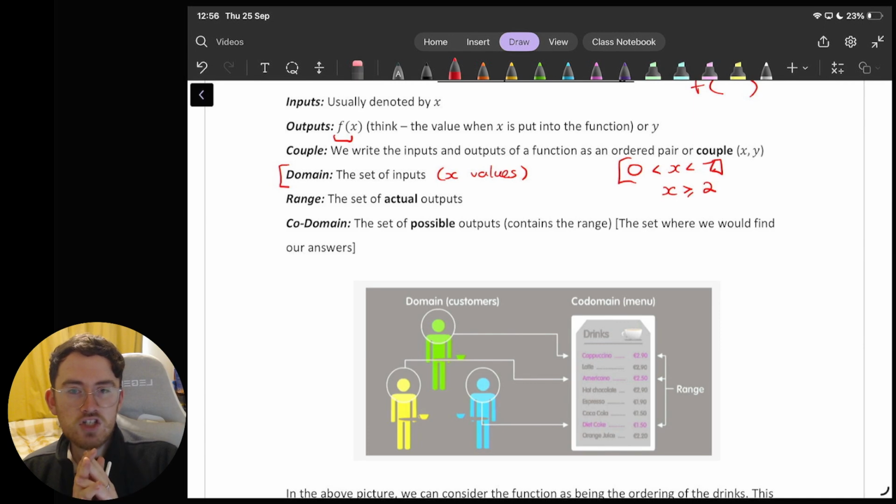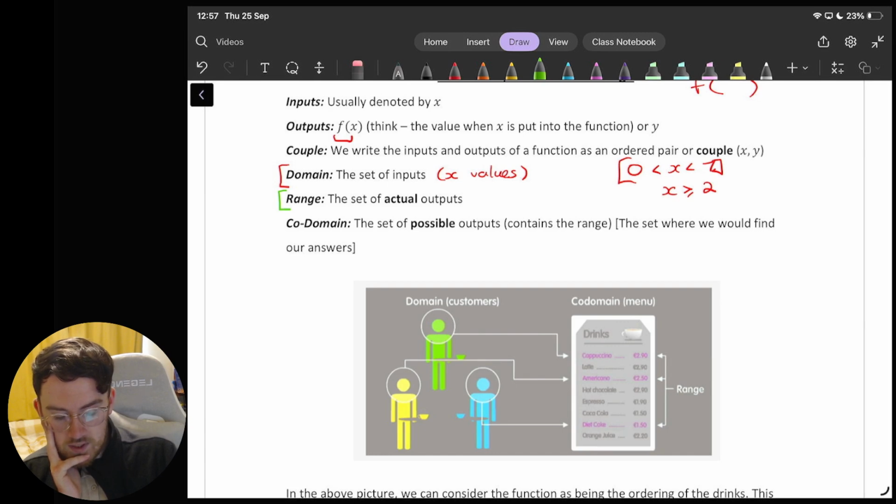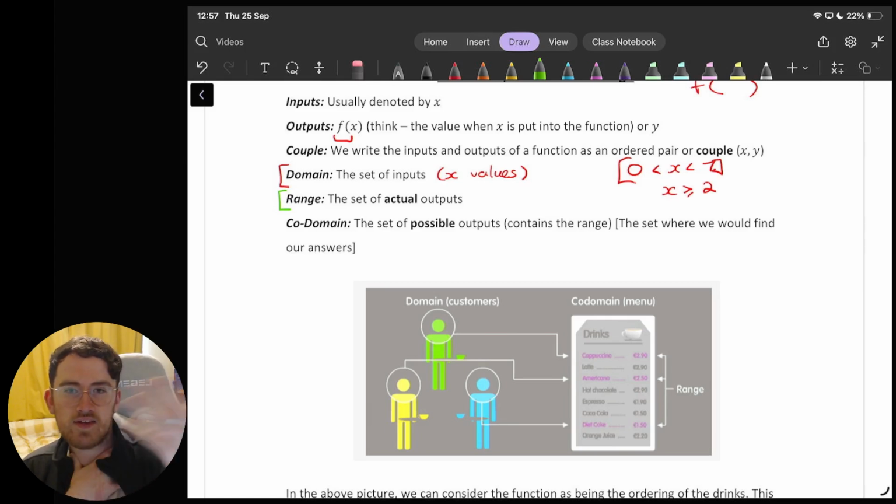The range and the codomain are very closely related. I'm going to start with the range first of all. In theory, the word range means how far do we reach. If someone has range, they've got a wide skill set, I guess.